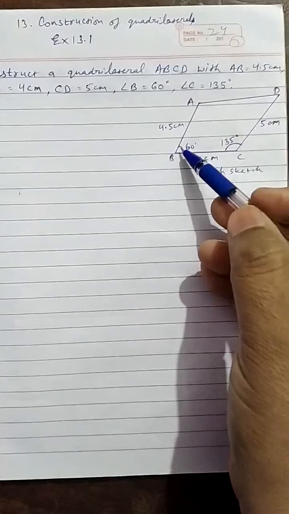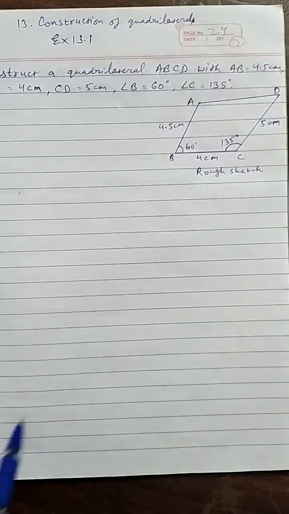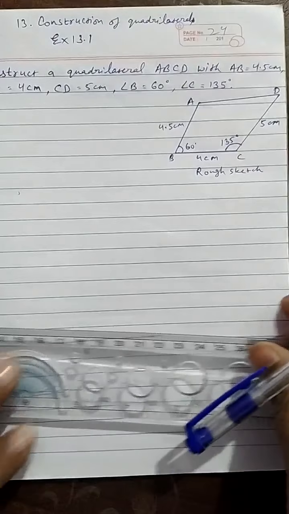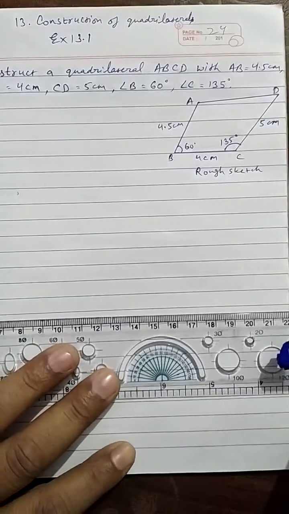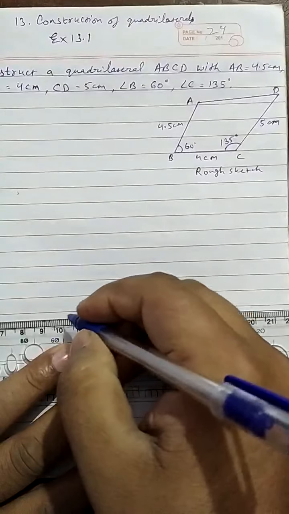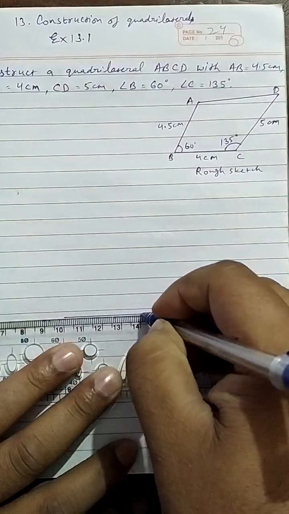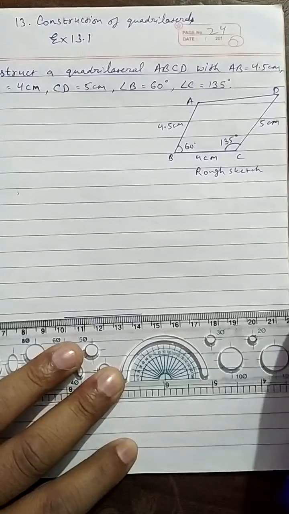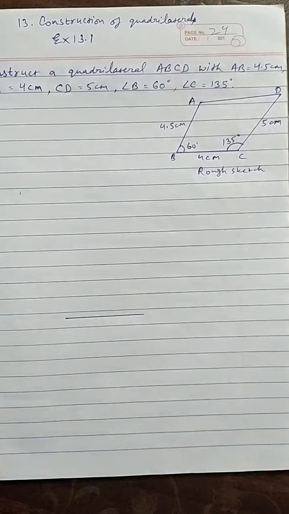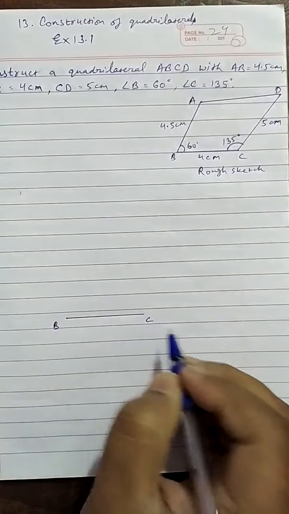Now let us construct 60 degrees and 135 degrees at the base BC, 4 centimeters. For that we have to mark 4 centimeters first. This is the 4 centimeters line, BC.